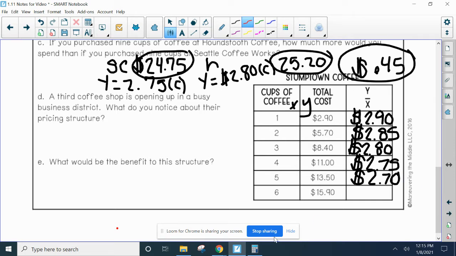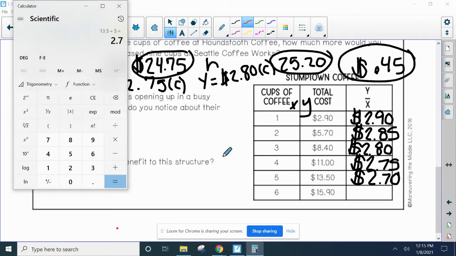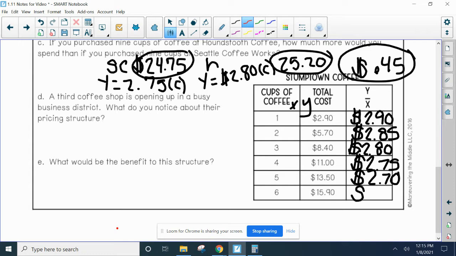Now, if I had to take a guess, I bet this next one is $2.65. $15.90 divided by 6. And I forgot my decimal, but it should indeed be $2.65. Started with 2 behind the decimal, and we have to end with 2 behind the decimal. All right, so I want you to pause this and think about D and E and fill that out. And then we'll talk about it.